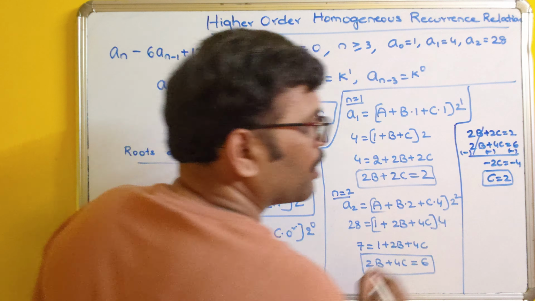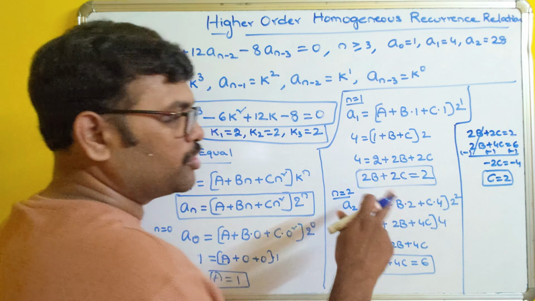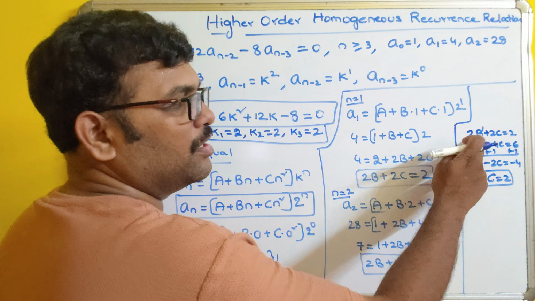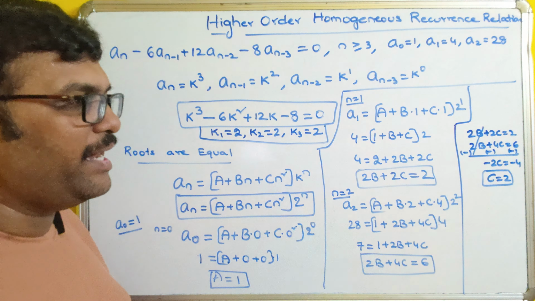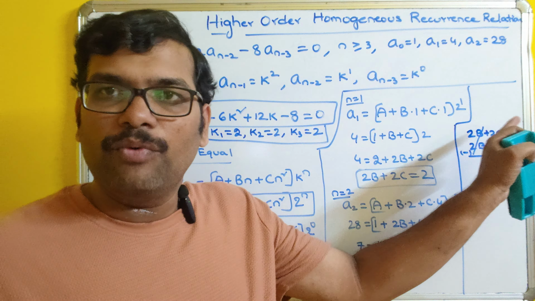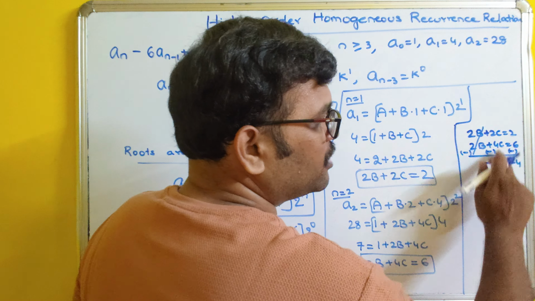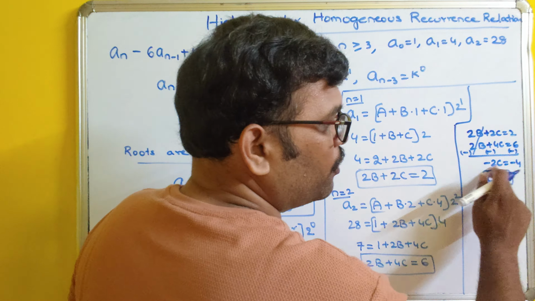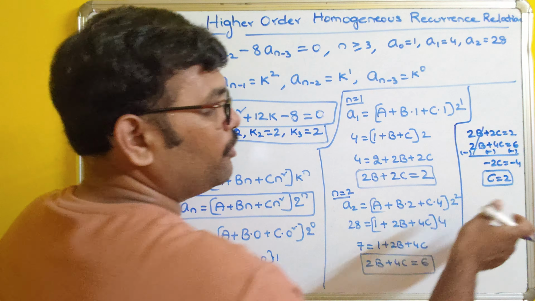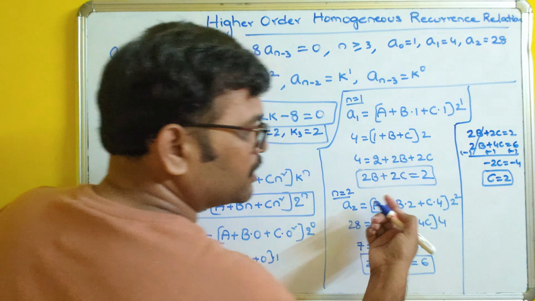Hope you understood, from these two equations we are solving, subtracting one from another. So obviously the b part will be cancelled and this becomes minus 2c and this becomes minus 4. So c becomes 2. Now you can apply in equation 1 or equation 2.